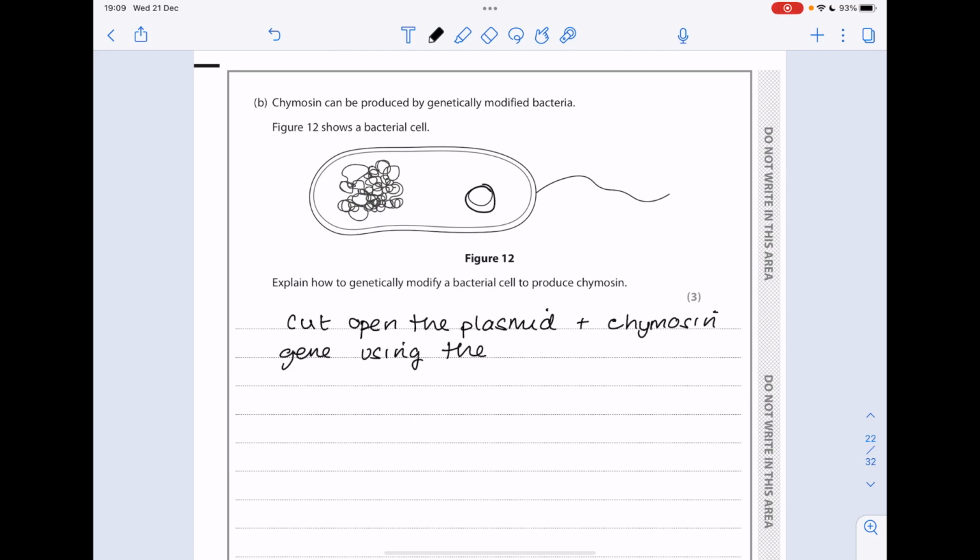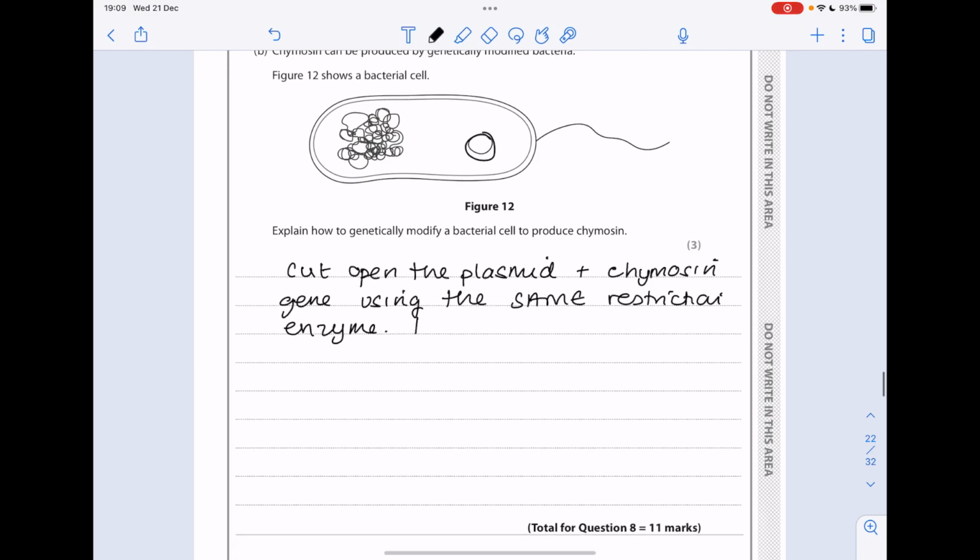Make sure you specify it's the same. Insert the gene into the plasmid using a ligase enzyme.